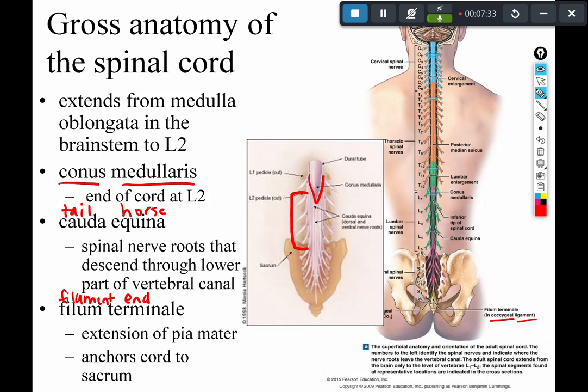There is a condition, which I don't remember the name of right now, in which the filum terminale has too much tension, which tends to cause neural problems for the people that suffer from it, which is interesting. So that's what the filum terminale is, and that's a pretty unique pathology that can result from it being too taut.